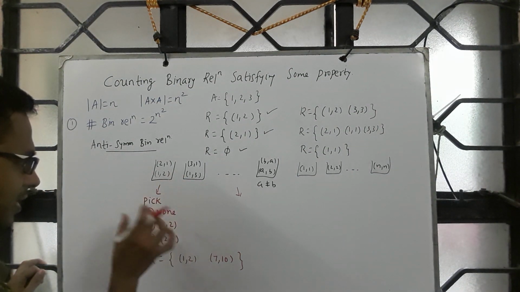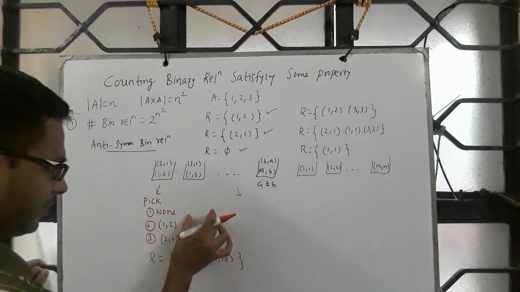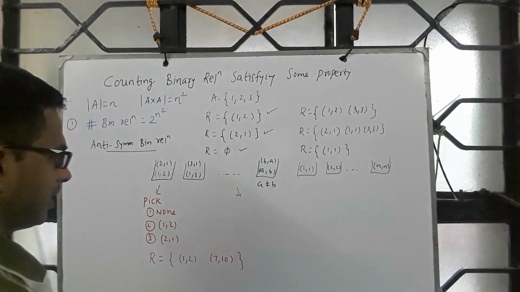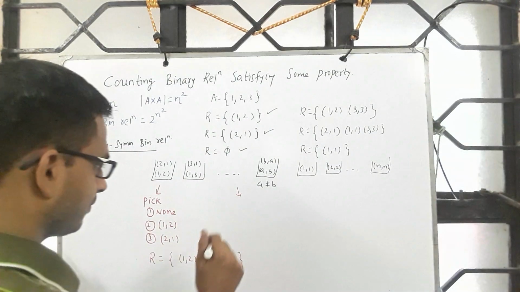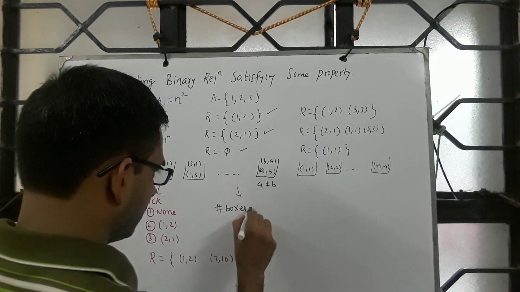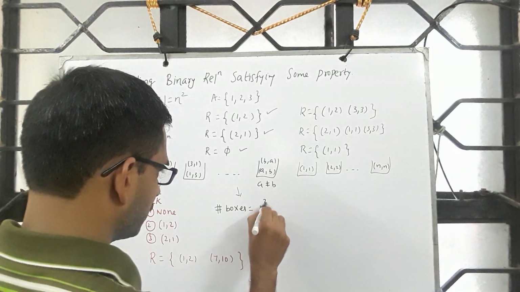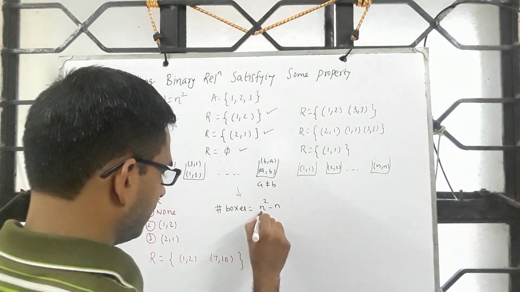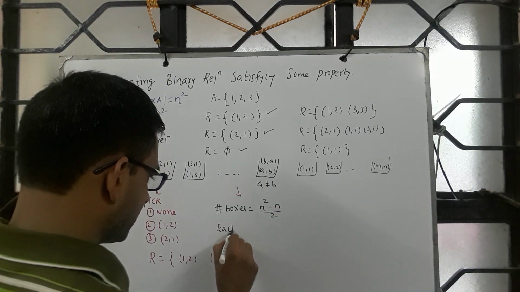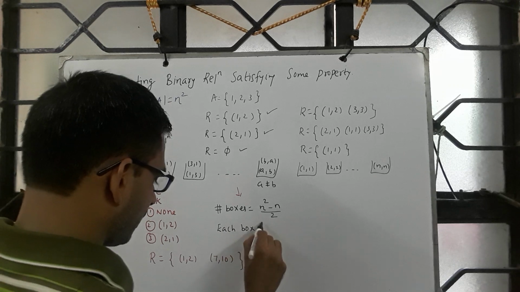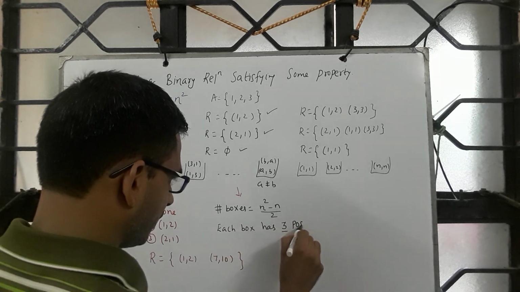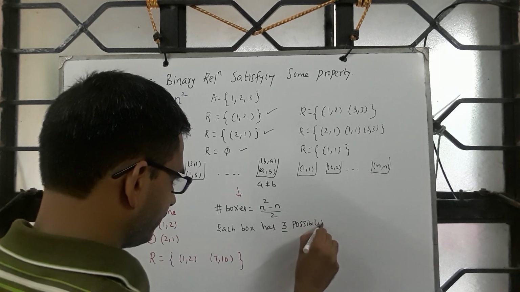From this there are 3 possibilities. From this 3 possibilities. From this 3 possibilities. And how many boxes are there? So number of boxes is (n square minus n) by 2. Each box has 3 possibilities.